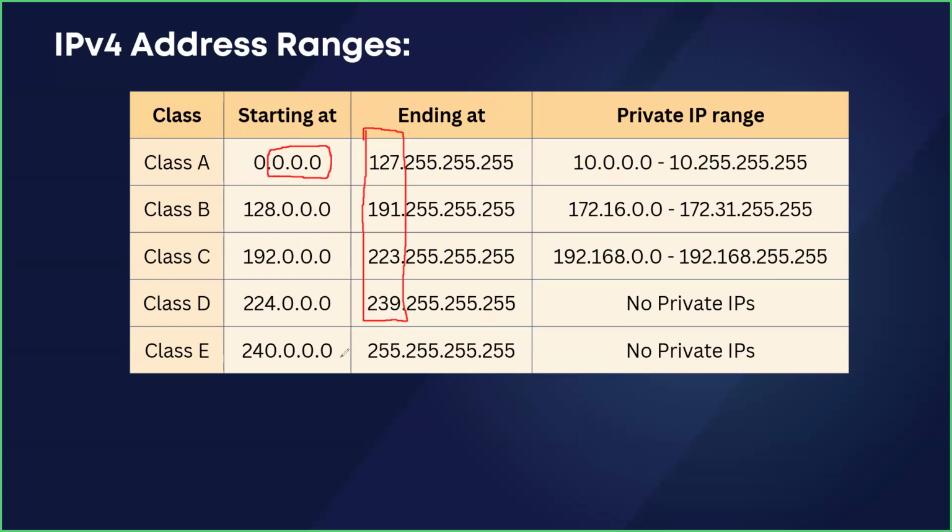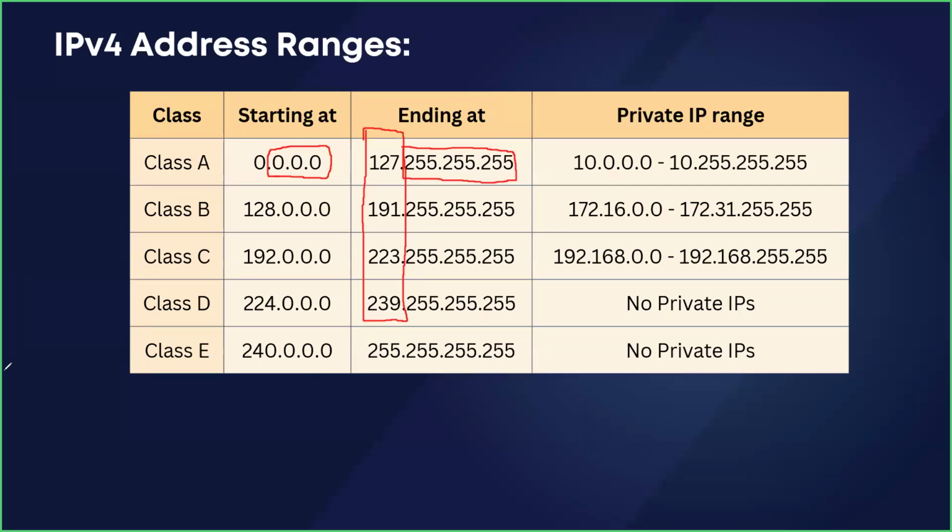Everywhere you see, they're all zeros. On the right side, you have all 255s. So from these four numbers, 127, 191, 223, and 239, you can remember the entire table of range of each class. 0 to 127, 128 to 191, 192 to 223, 224 to 239, and 240 to 255.